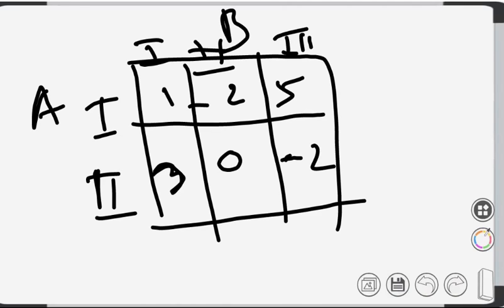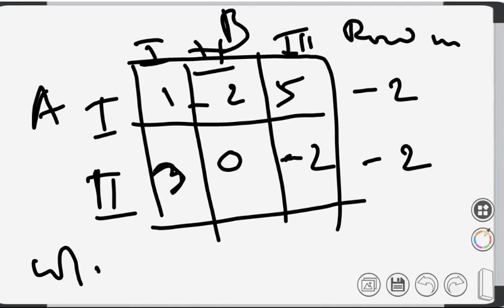For this particular payoff matrix, first find the row minimum. The row minimum is minus 2 for the first row, and minus 2 for the second row. The column maximum is 3, 0, and 5.